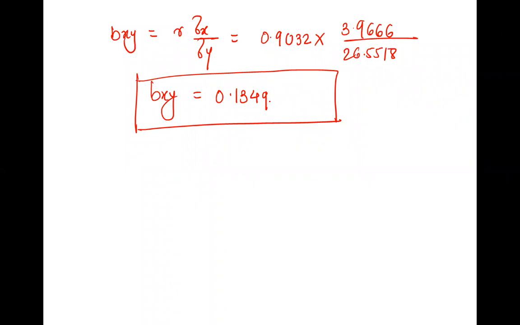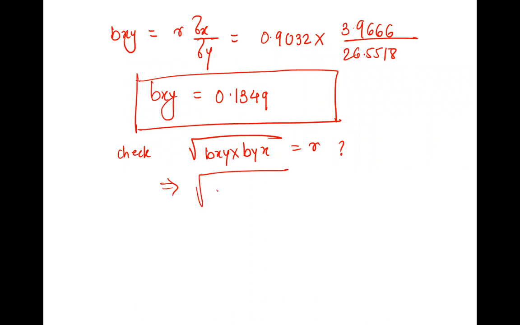Now whatever our byx and bxy are, are they correct? We can check whether the square root of byx into bxy is equal to r or not. If it is following, then you are correct. If it is not, then you are wrong somewhere.